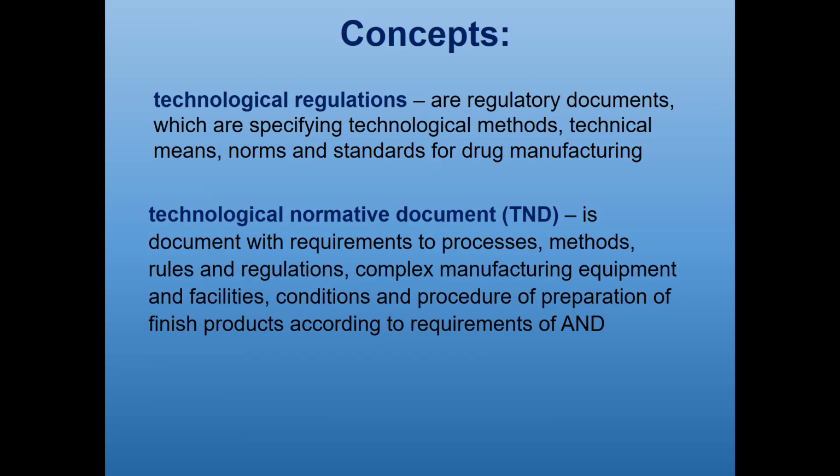A technological normative document is a document with requirements to processes, methods, rules and regulations, complex manufacturing equipment and facilities, conditions and procedure of preparation of finished products according to requirements of the analytical normative document.